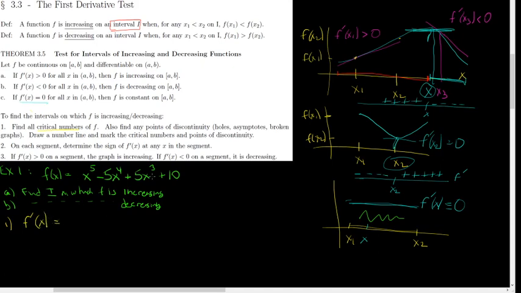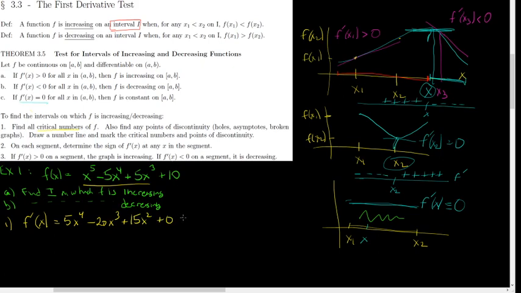So what's the derivative of this? Well, I hope you can do this by now, right? Just use the power rule, 5x to the 4th, minus 5 times 4, 20, x cubed, and then plus 15 x squared, right? Plus 0, the derivative of 10 is 0.